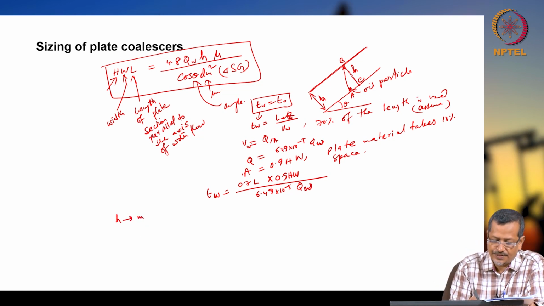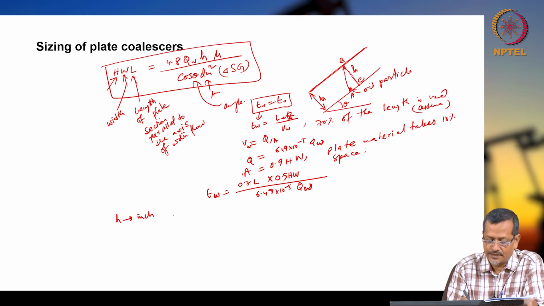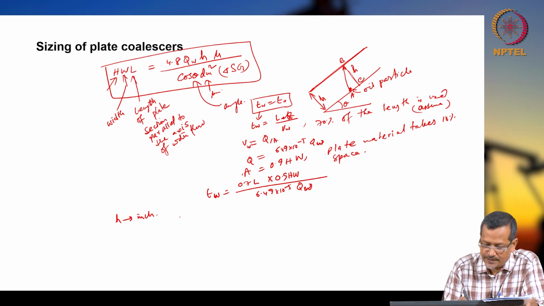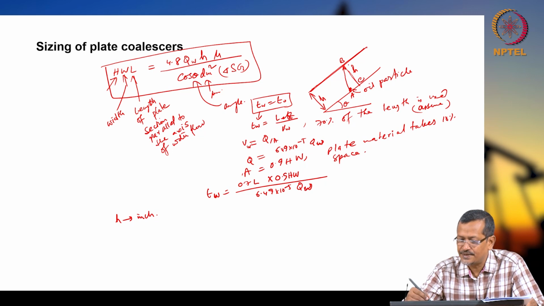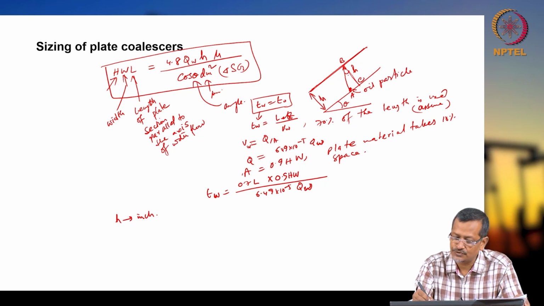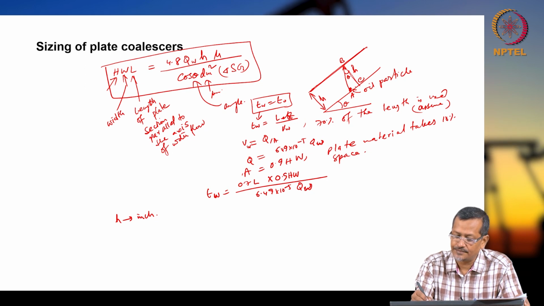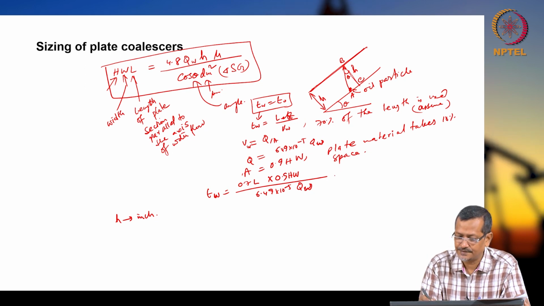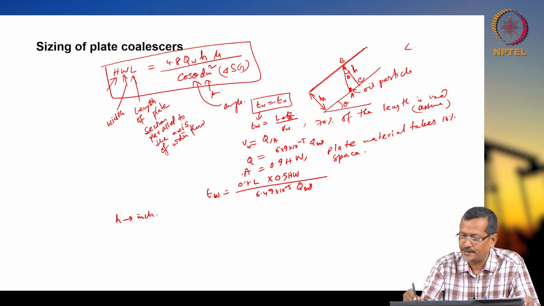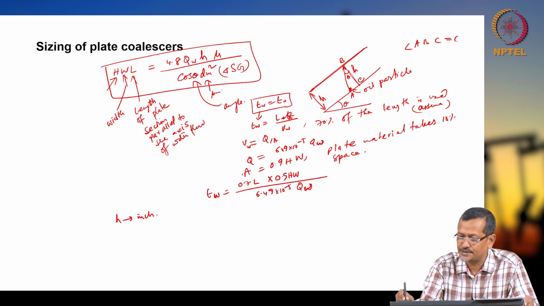So what is the AB distance? This is theta, so this will be theta, right? Angle ABC, angle ABC is theta, right?